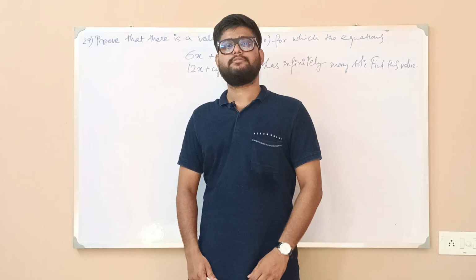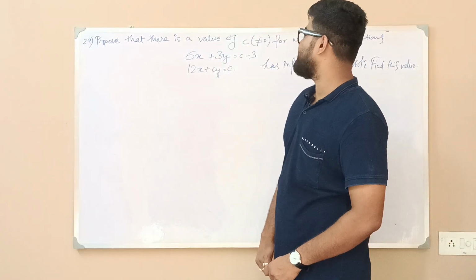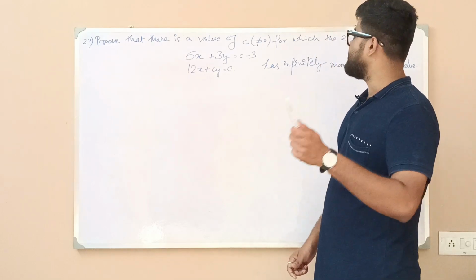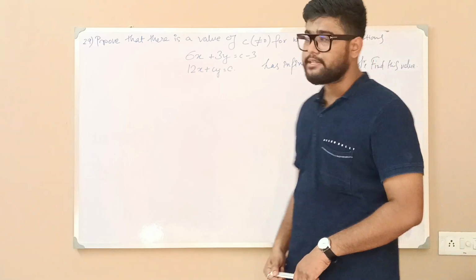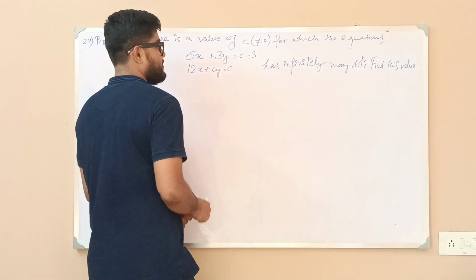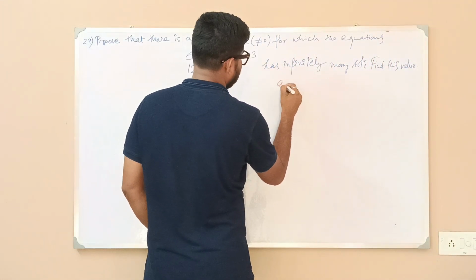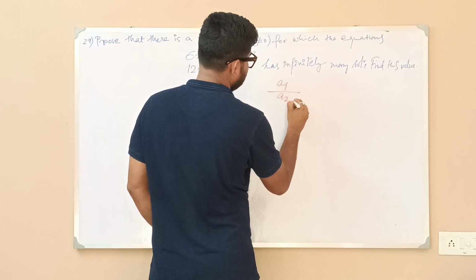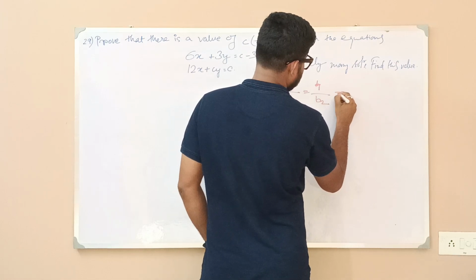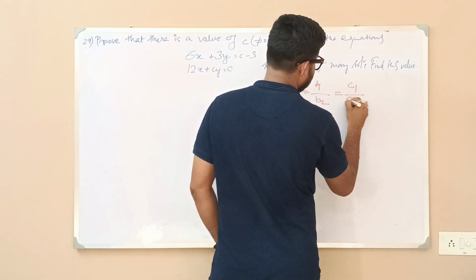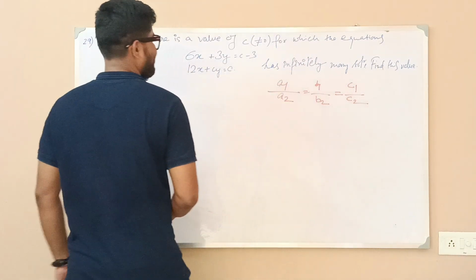Okay, now prove that there is a value of c that is not equal to 0 for which the equations have infinitely many solutions. So for this we have to satisfy the condition a1/a2 = b1/b2 = c1/c2.